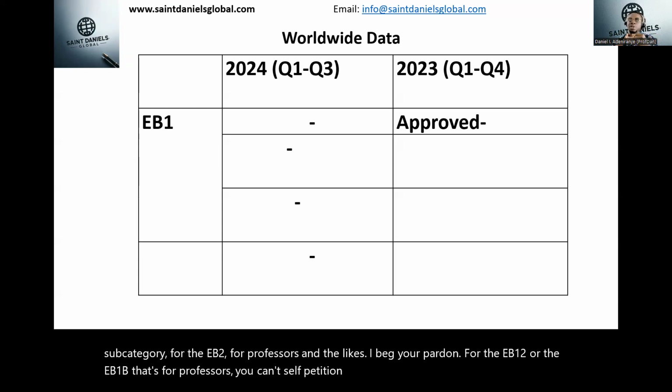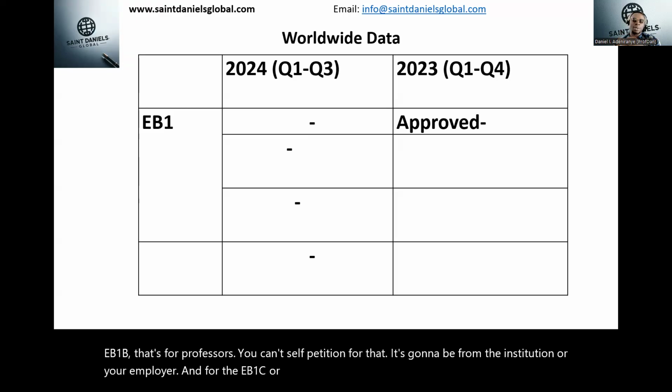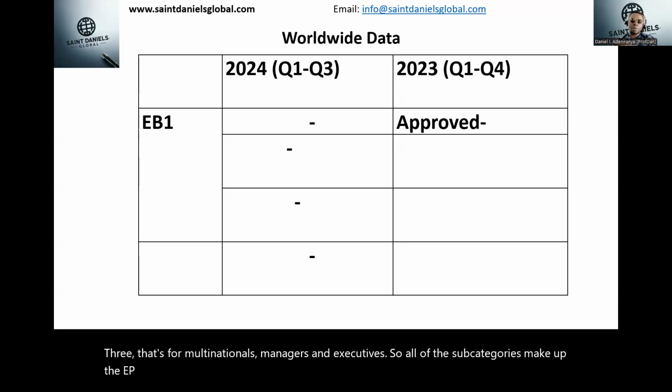It's going to be from the institution or your employer. And the EB1C, or the EB13, is for multinationals, managers, and executives. So all of these subcategories make up the EB1 category of the employment-based visa.